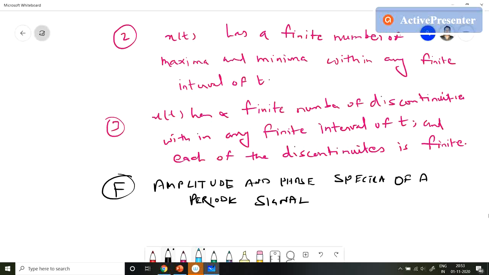Let us discuss this. ck can be written as modulus of ck e raised to the power j phi k.